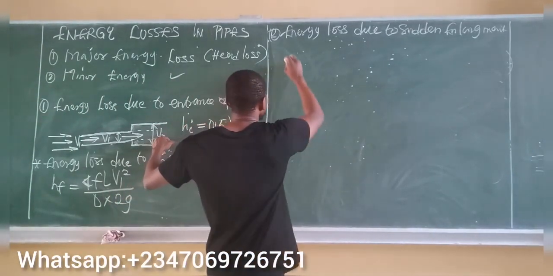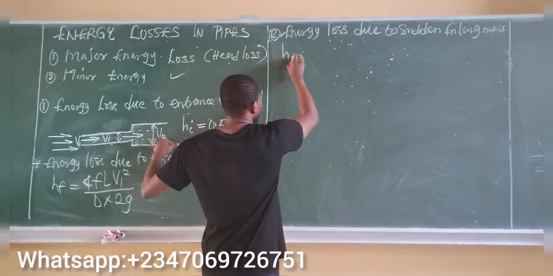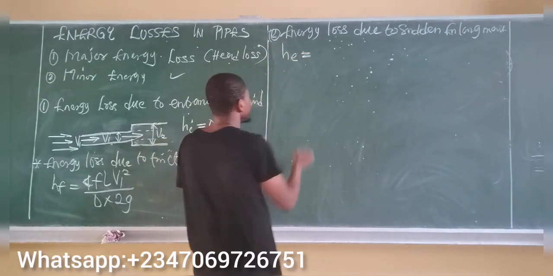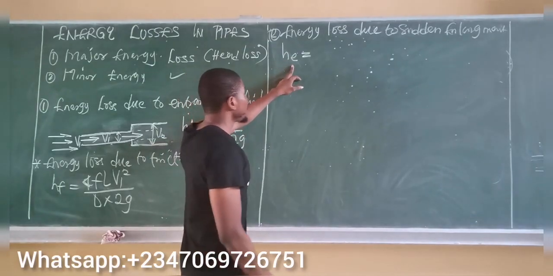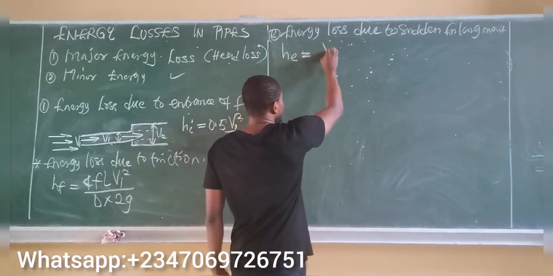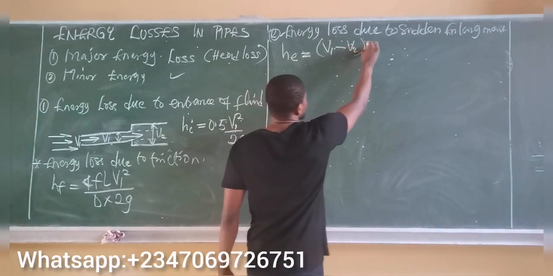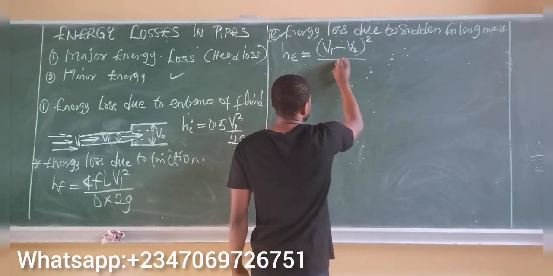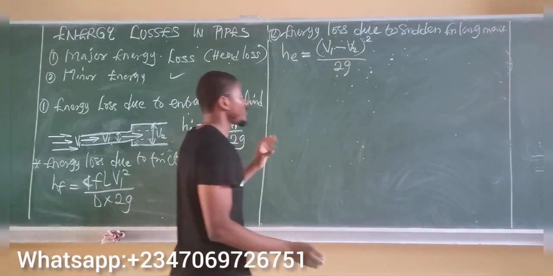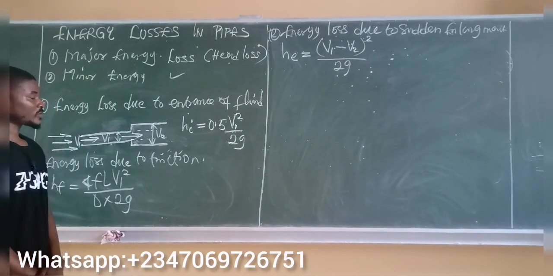Therefore, the energy loss due to sudden enlargement, take notes, can be calculated using this formula: he equal to, where e stands for enlargement and h stands for head, of course. So h is equal to (V1 minus V2) all squared all over 2g. We use this formula to calculate the energy loss due to sudden enlargement.